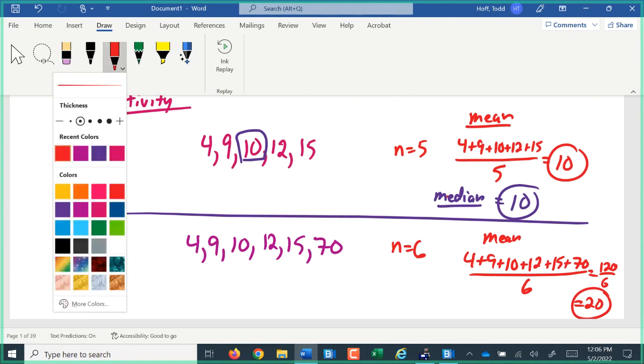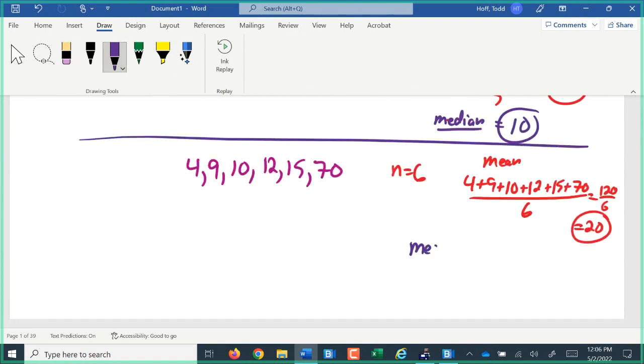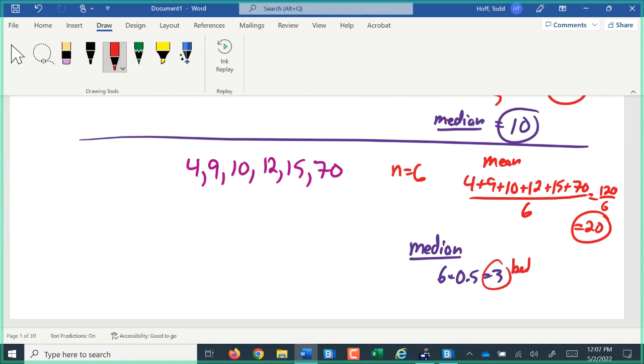But the median, there's n equals 6, so 6 times 0.5 is 3. Since that's an integer, that means it's between the third and fourth number. The third number is 10, the fourth number is 12. 10 plus 12 divided by 2 is 11.